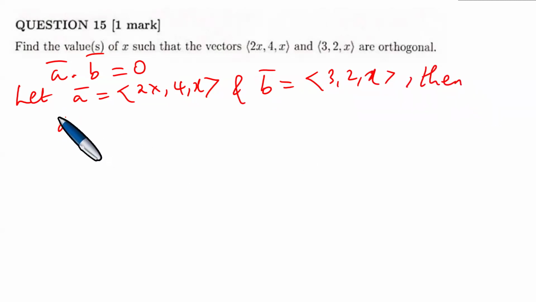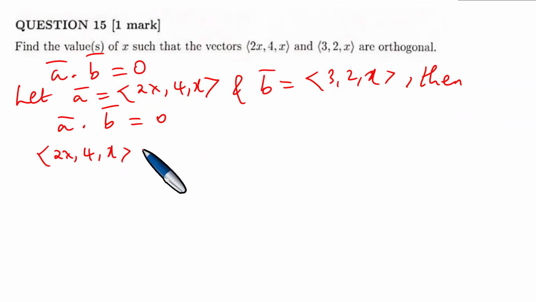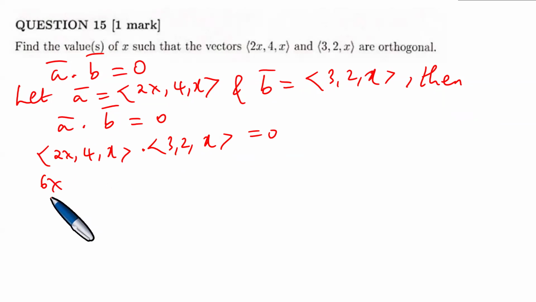Then we note that the dot product is 0, so we have (2x, 4, x) dot (3, 2, x) equals 0. 2x times 3 is 6x, and 4 times 2 gives us 8, and x times x gives x squared.